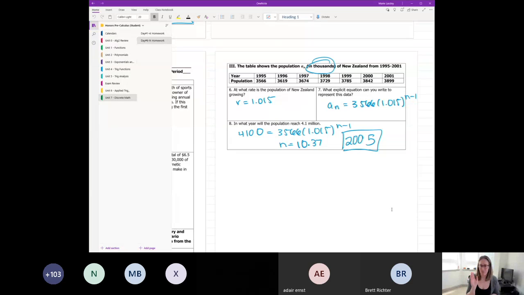We would probably get like 4.07 million. So it wouldn't exactly hit 4.1 million after 10 years. We would have to go one more year in order for it to hit the actual 4.1 million. Okay, that makes sense. Thank you. You're welcome. Good question.